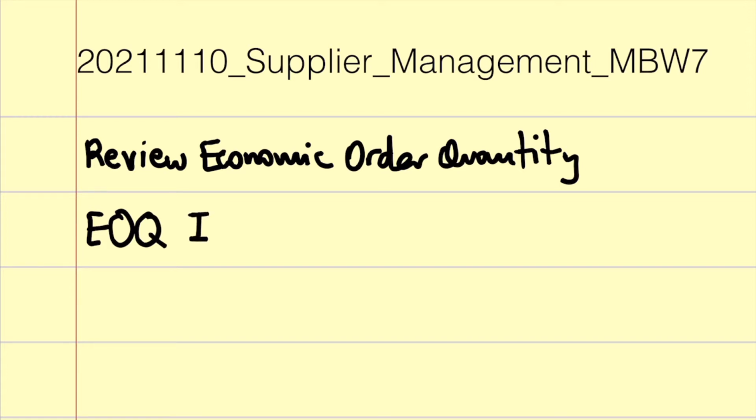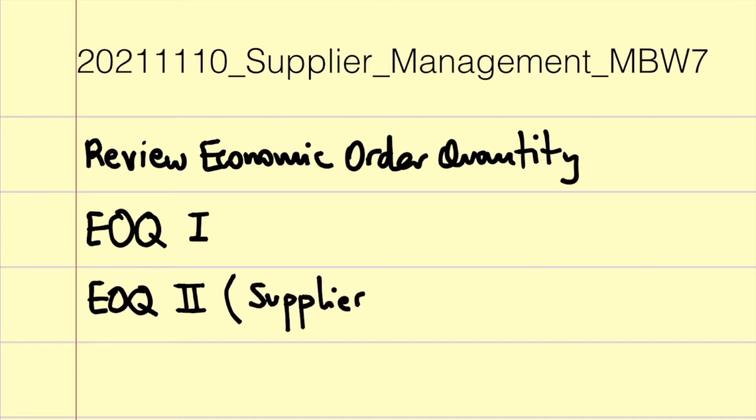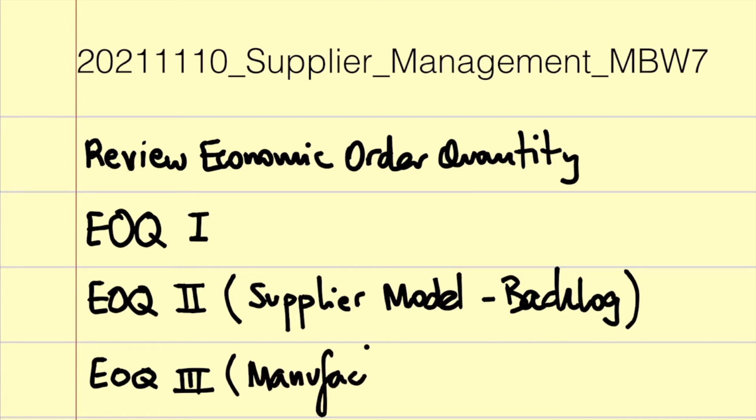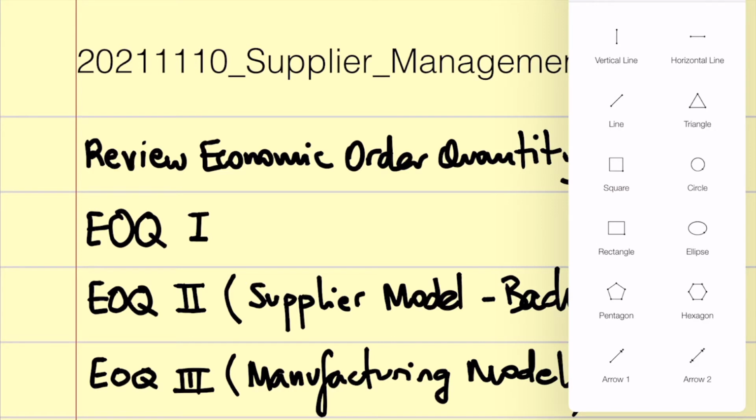We will expand today to the economic order quantity number 2, which is called the supplier model or backlog model, and the economic order quantity number 3, which is the manufacturing model. And we will look at them from a mathematical perspective.